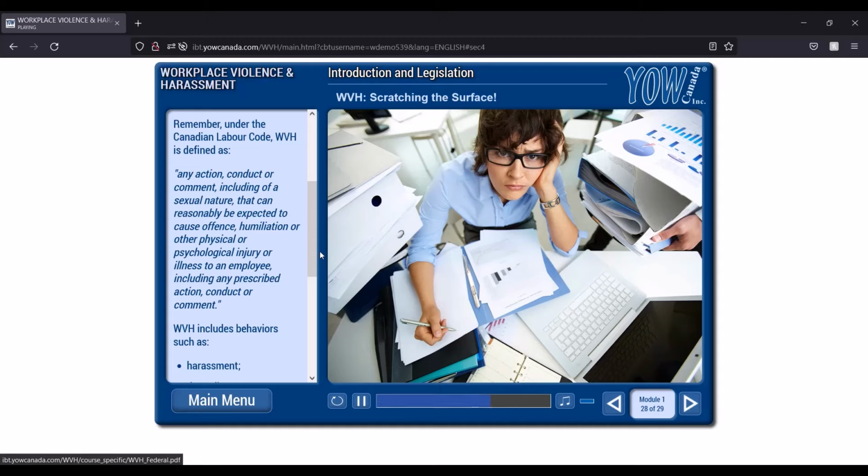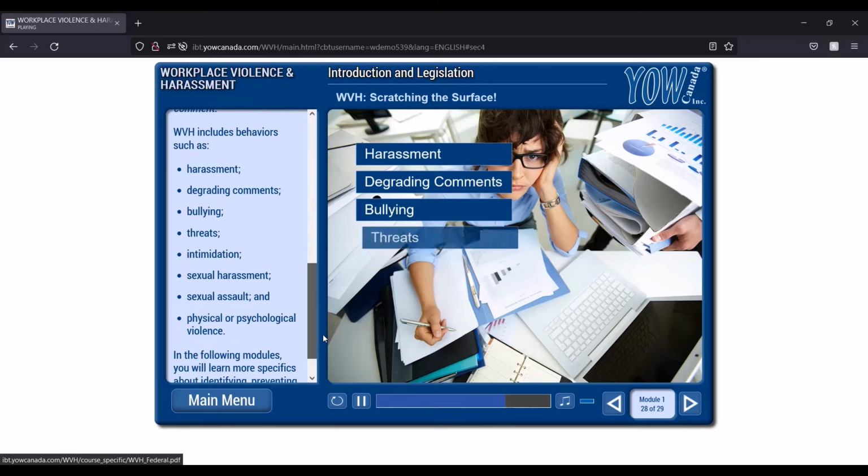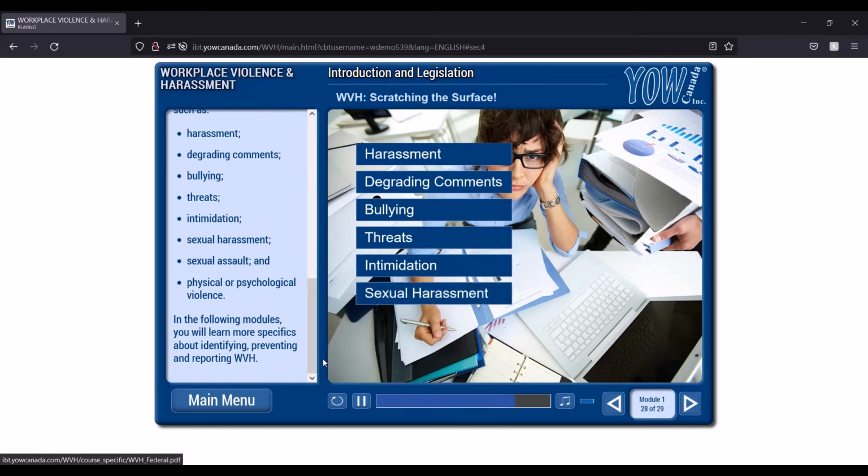WVH includes behavior such as harassment, degrading comments, bullying, threats, intimidation, sexual harassment, sexual assault, and physical or psychological violence. In the following modules, you will learn more specifics about identifying, preventing, and reporting WVH.